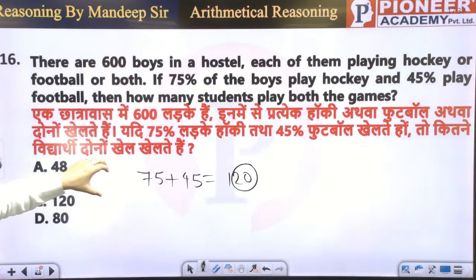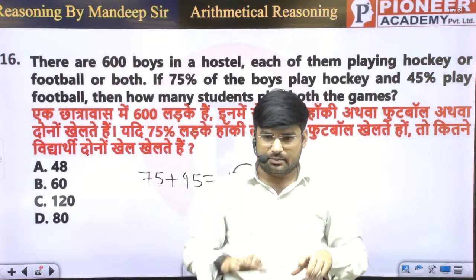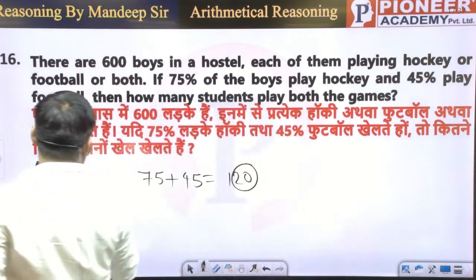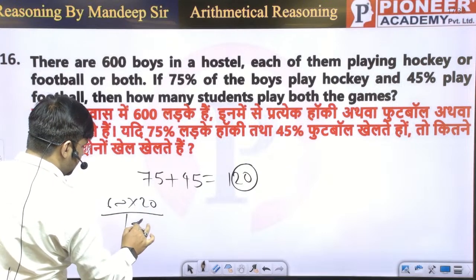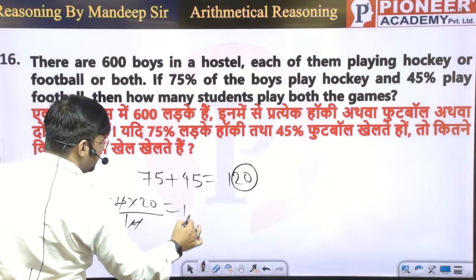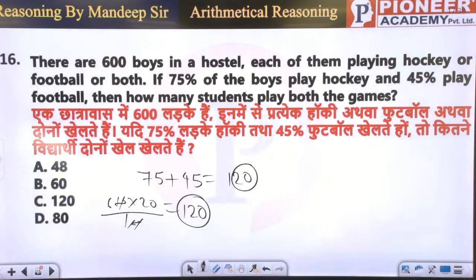So 20% are the persons who play both games. So 20% of 600 becomes 120. Clear? Any doubt?